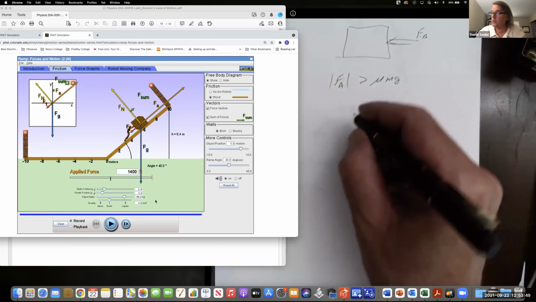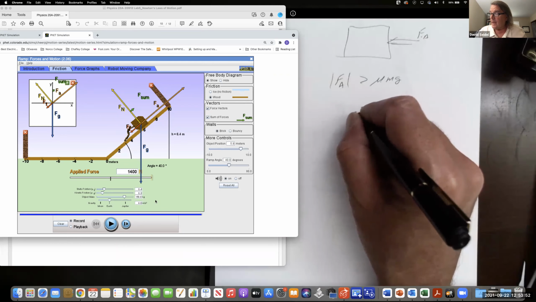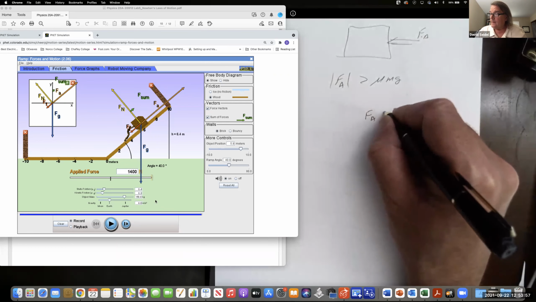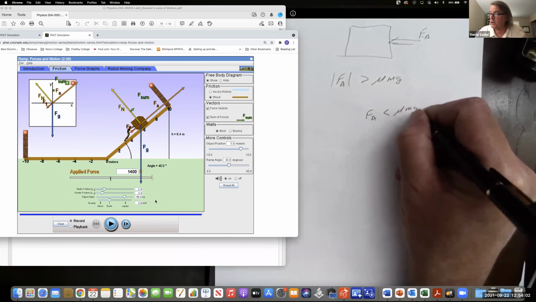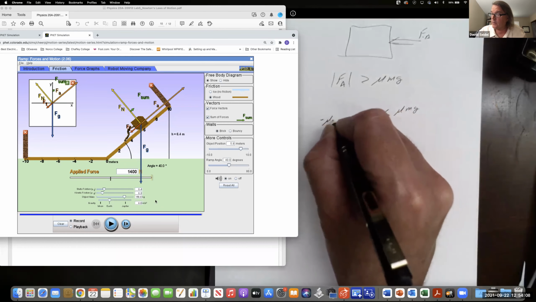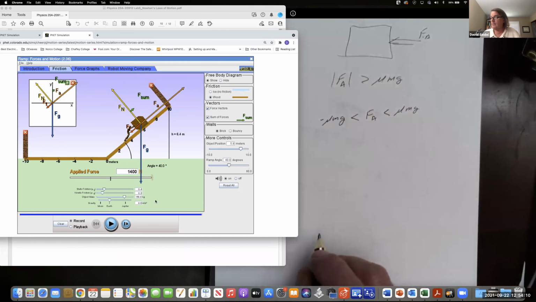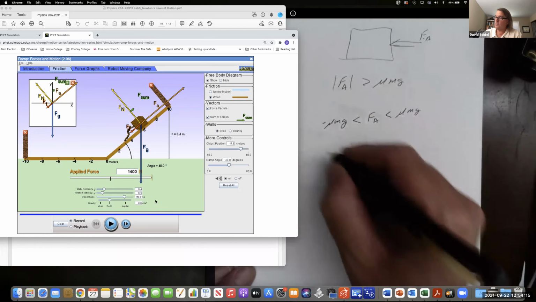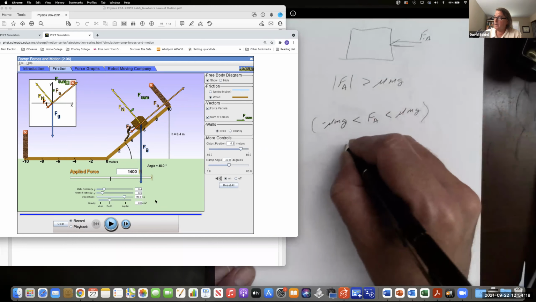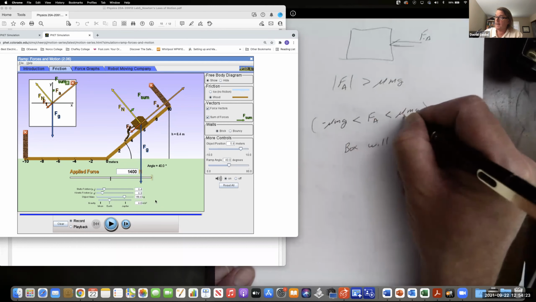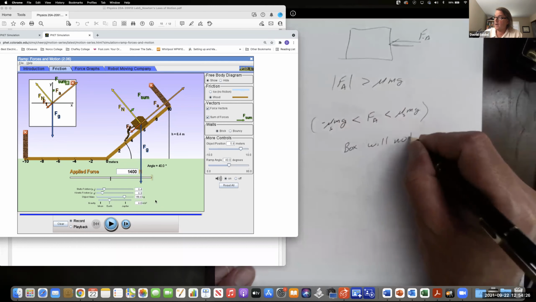So I'll get no motion if F applied is less than mu mg and greater than minus mu mg. There's a big band where it won't move. This entire regime, with mu sub s, the box will not move.